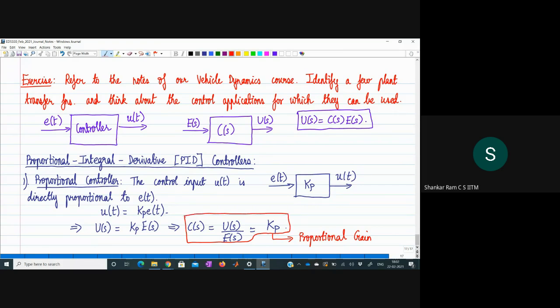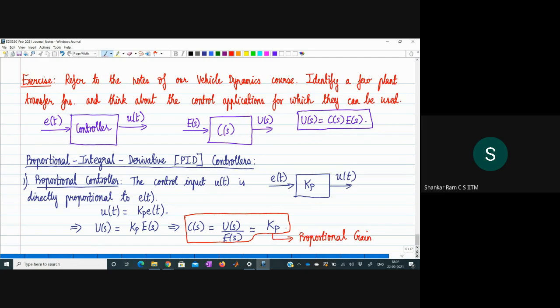As I told in the previous session, if we look at how controllers are designed, by and large we fix the structure. We want to design the controller such that we fix the values of certain parameters that come in the controller transfer function.